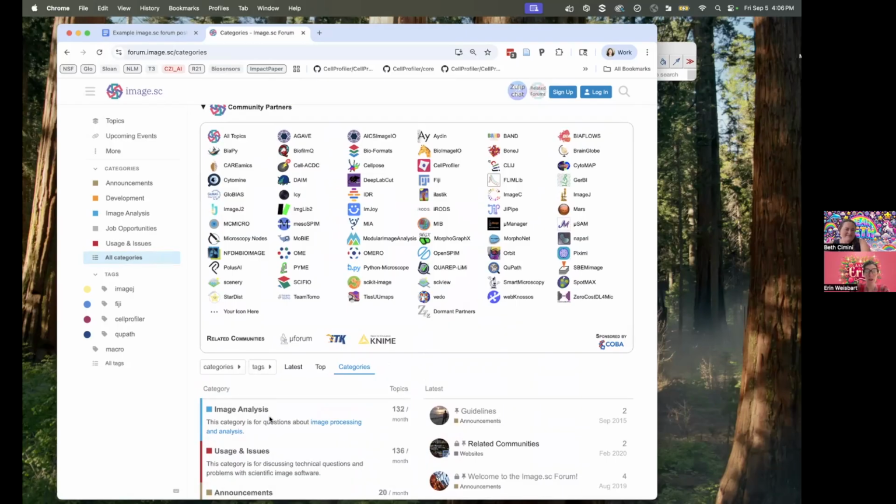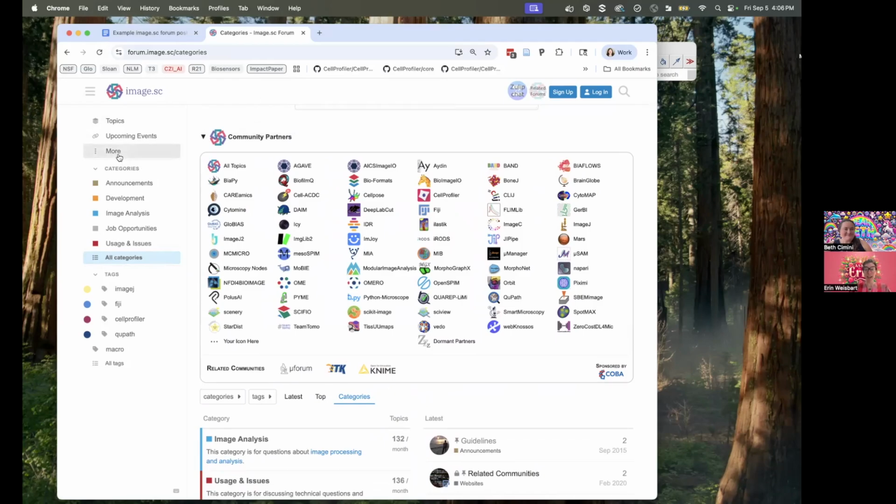And also worth pointing out that, as you said, we absolutely welcome beginners, but there are also people that hang out here that are not beginners, some of the most expert people in the field, whether in image analysis in general or the creators of these tools.